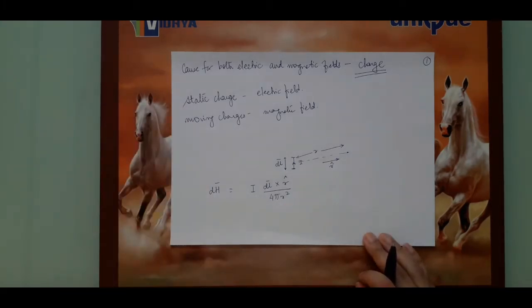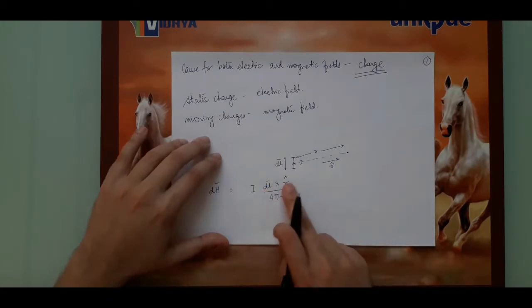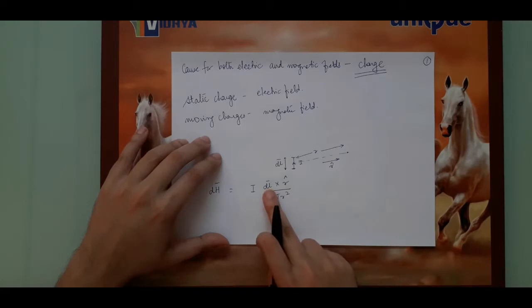So what you see is that there is a vector product of the length element and the distance element.